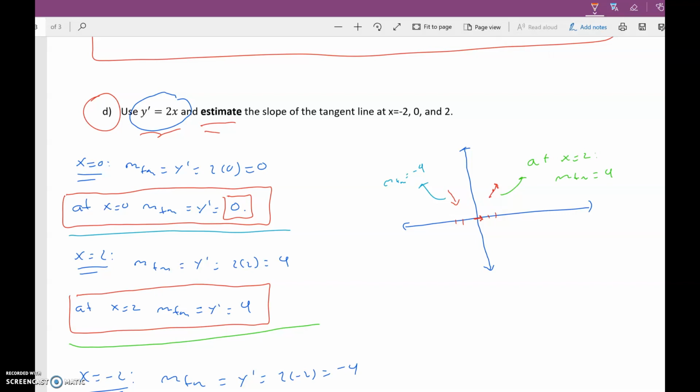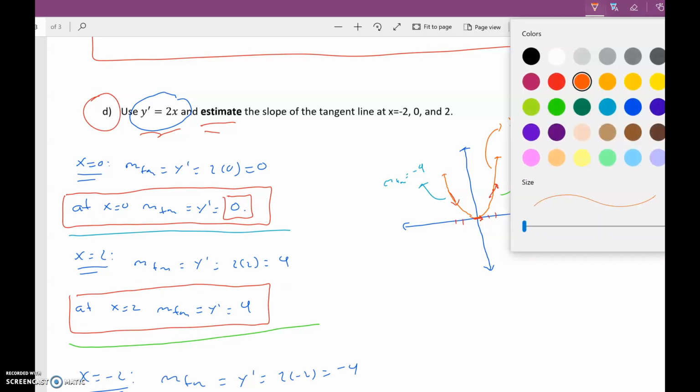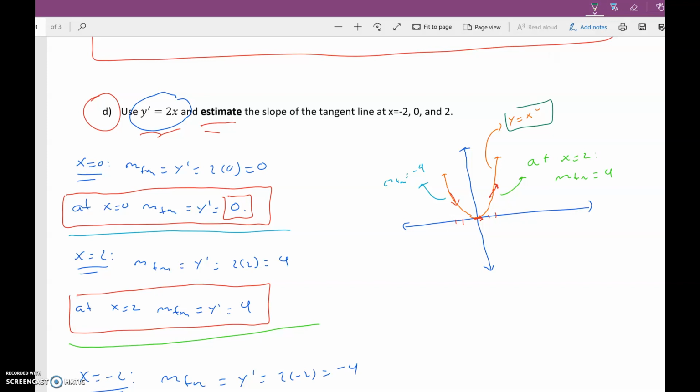For these problems, if it was a real-life problem, we would be using technology. Now, the actual solution is this one. Obviously not great by hand, but y is equal to x squared happens to be the solution to this problem. And I'm only saying an estimate because you technically have to have the y's.